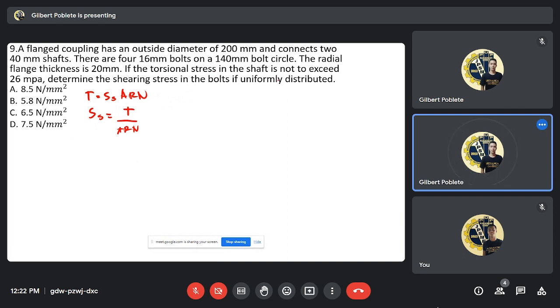ito. Torsional stress ng shaft na 26. So, ayan, kaya natin yung 16T over pi d cubed. Meron tayong 26 Pascal.